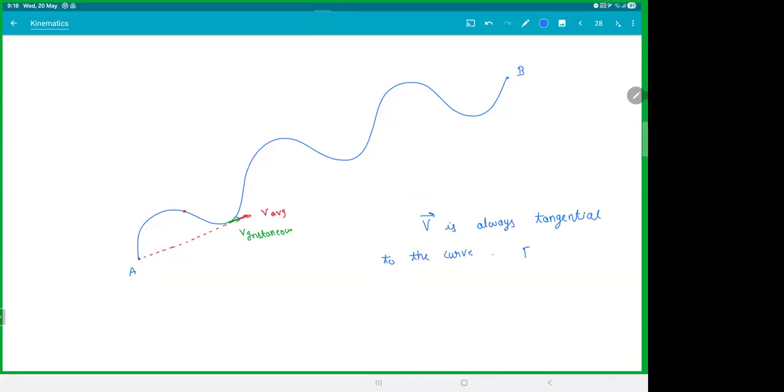So for V average to be parallel, the line joining the initial and the final must be a tangent to the curve.